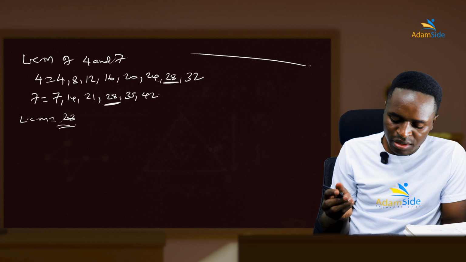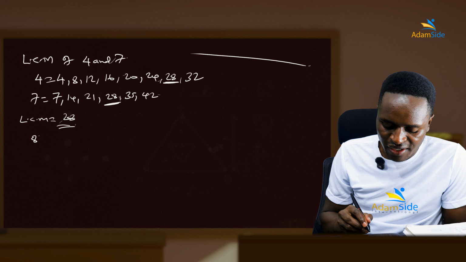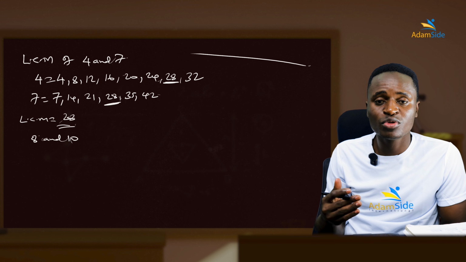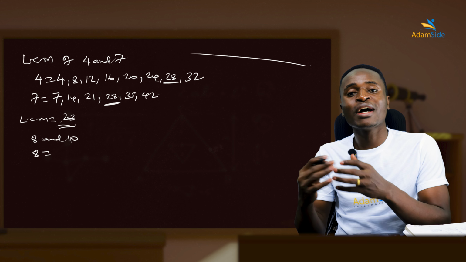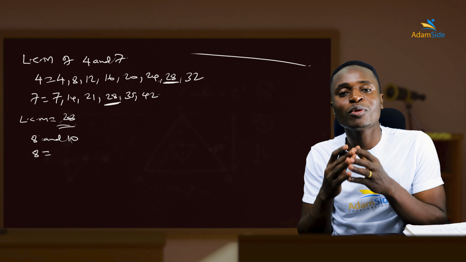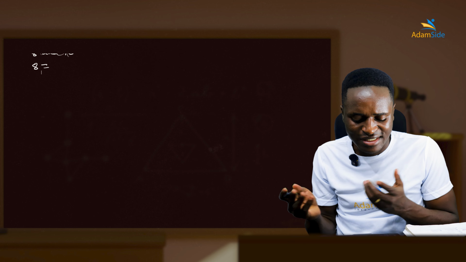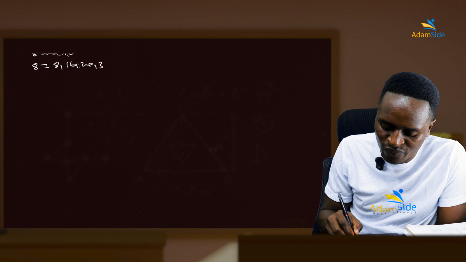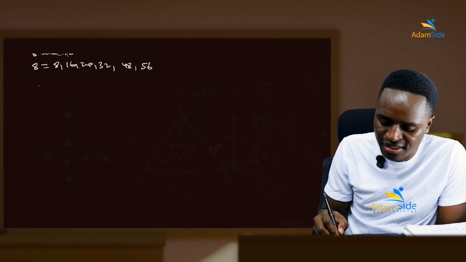For example, you can be asked, find the LCM between 8 and 10. As simple as it is. What do you do? It's simple, dear candidate. We know how to find multiples: you multiply by a positive integer, starting with 1. So 8 times 1, you get 8. 8 times 2, 16. 8 times 3, 24. 8 times 4, 32. 8 times 6, 48. 8 times 7, 56, as you go on.